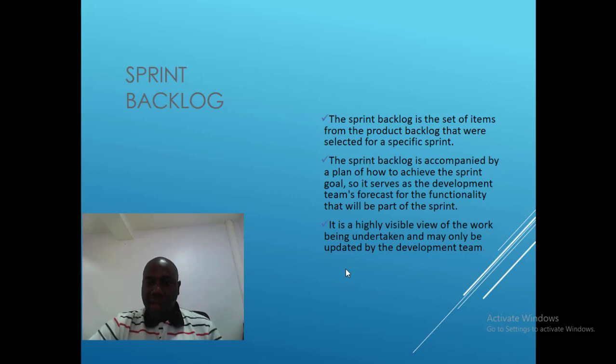It serves as the development team's forecast for the functionality that will be part of the sprint. It is a highly visible view of the work being undertaken and may only be updated by the development team. So the responsibility for updating or adding to the sprint backlog has to be done by the development team.